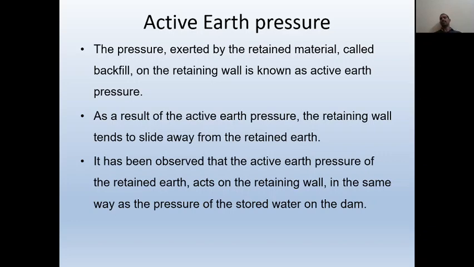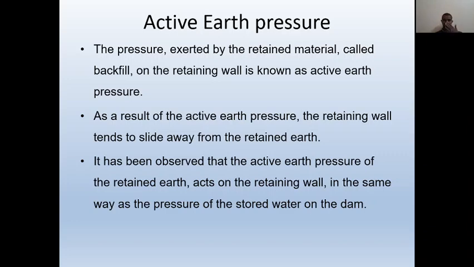In the case of a dam, water has a hydrostatic pressure in the form of a triangle. You can see the pressure distribution diagram.